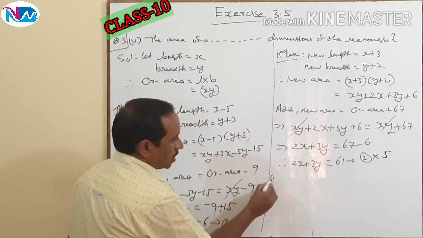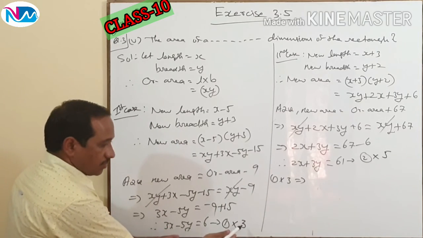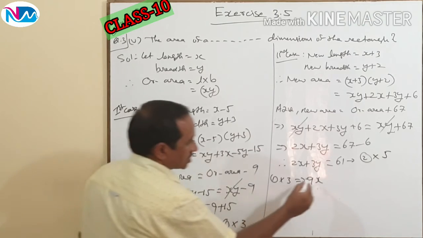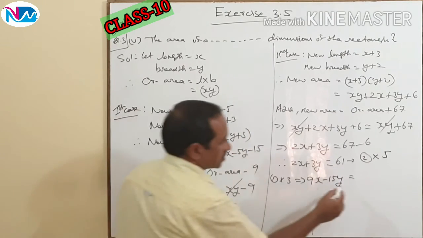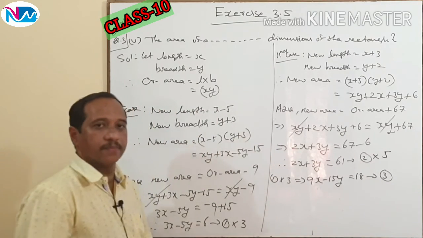So equation number 1 into 3 gives 3 into 3, 9x, 3 into minus 5, minus 15y is equal to 3 into 6, 18. Let it be equation number 3.